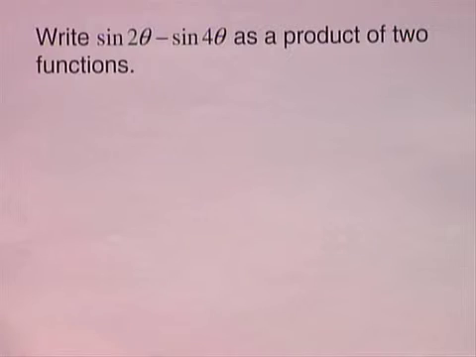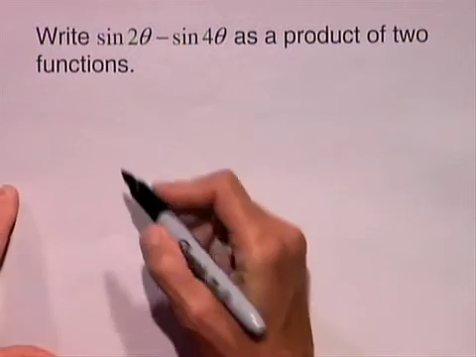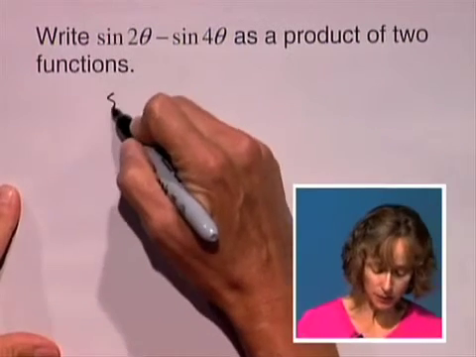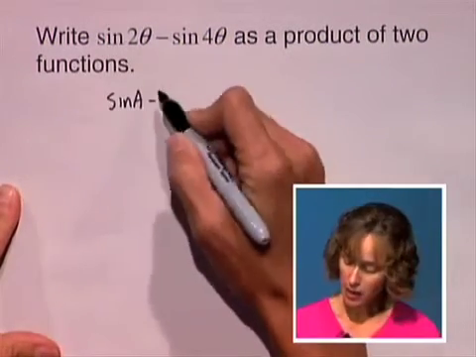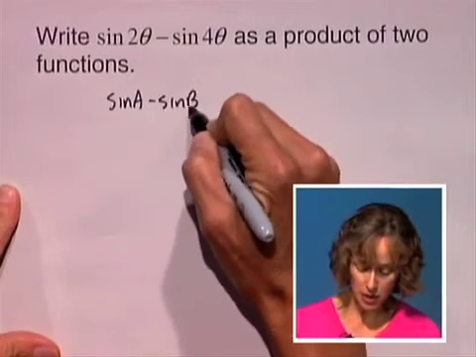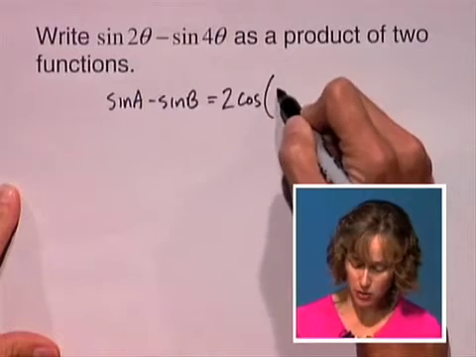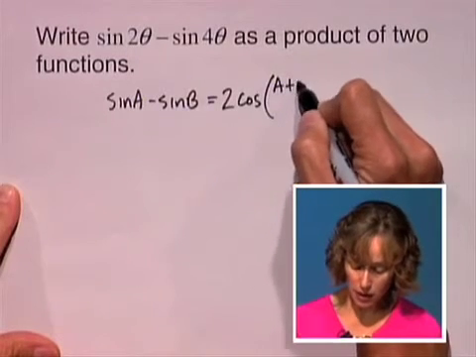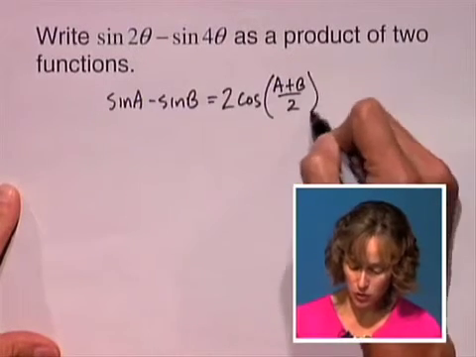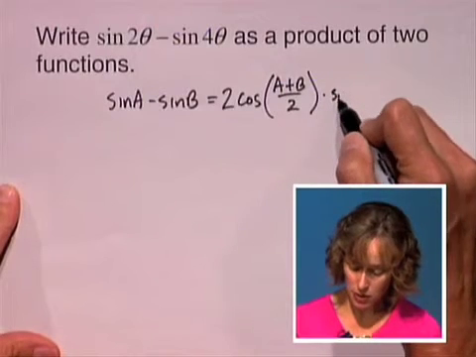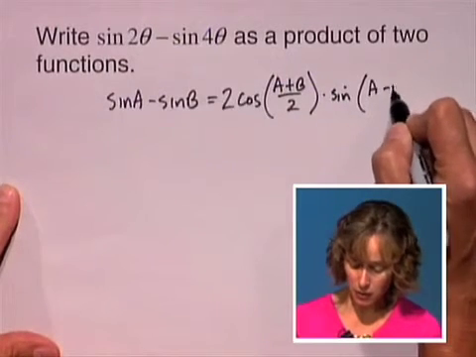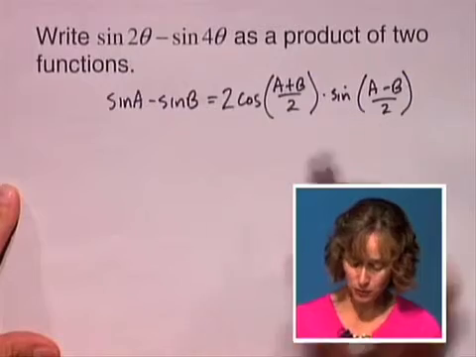Let's use a sum to product identity. We want to write sine 2 theta minus sine 4 theta as a product of two functions. So we want to use the identity sine A minus sine B is equal to 2 times the cosine of A plus B over 2 times the sine of A minus B over 2.